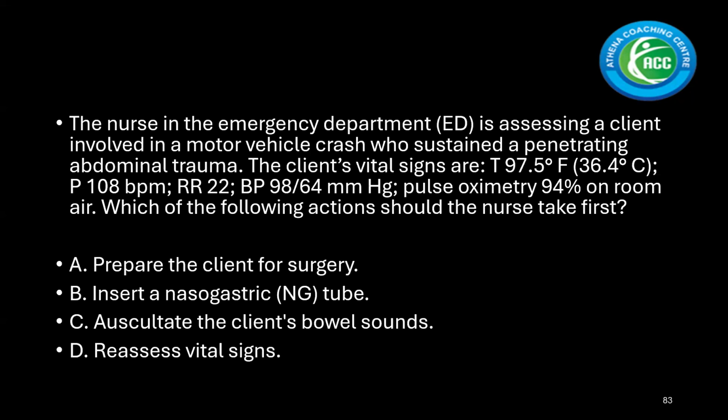Because of penetrating injury, the assessment findings, these signs and symptoms like hypovolemia, are completely because of a penetrating injury. So we have to give importance to the penetrating injury, and that is the basic reason which is causing the problem. So we have to solve the problem first.